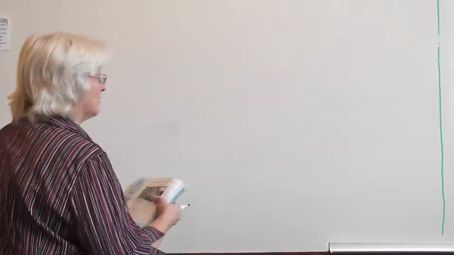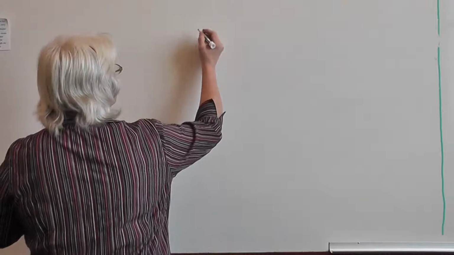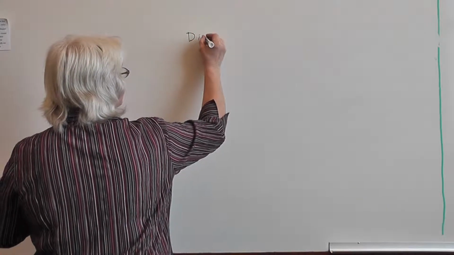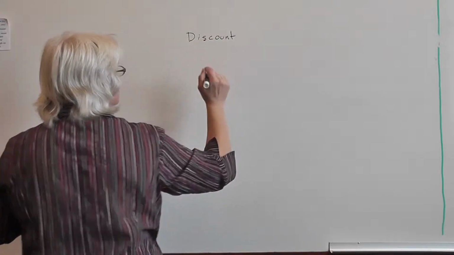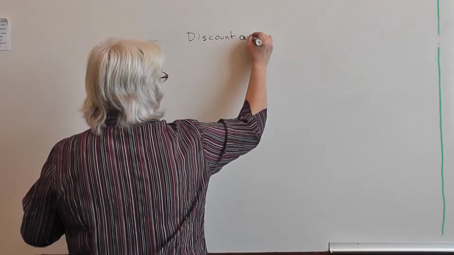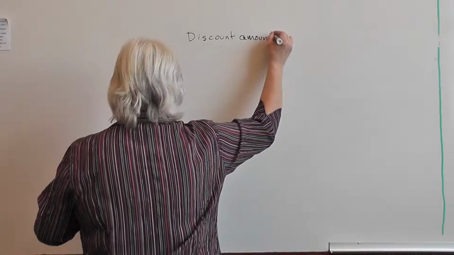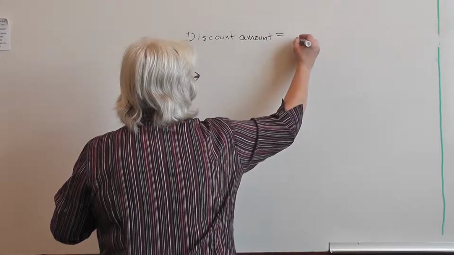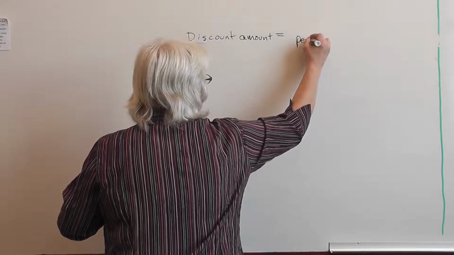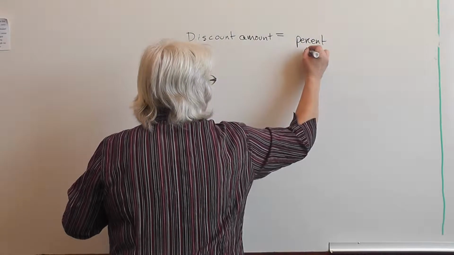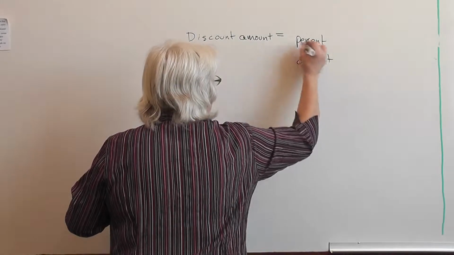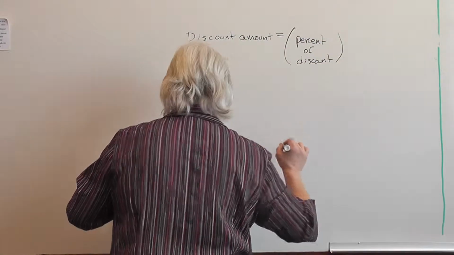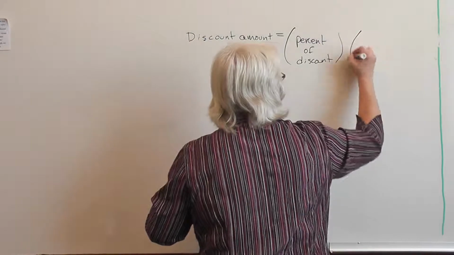So let me write this out for you: discount amount, or how much money you're going to have counted off, is equal to the percent of discount multiplied by the regular price.